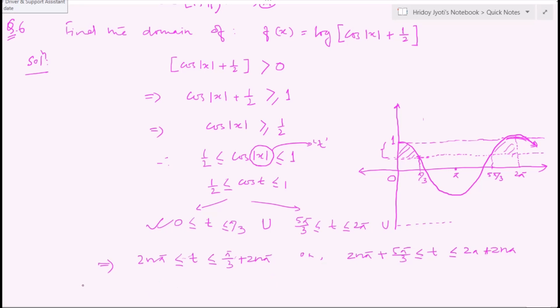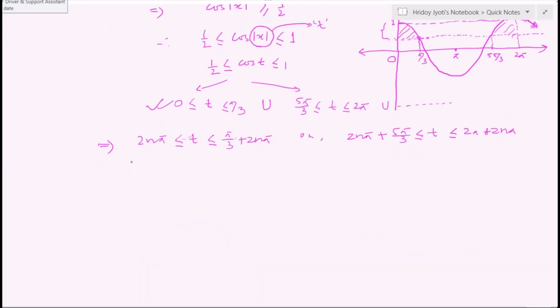Ultimately we'll convert this result into x, because we are looking for the values of x, not t.